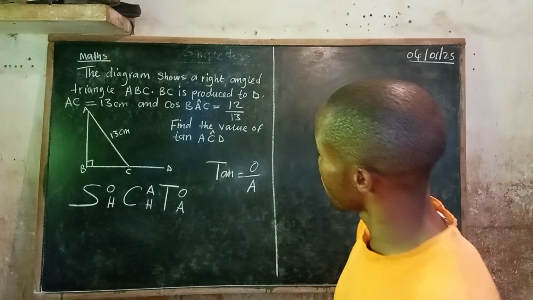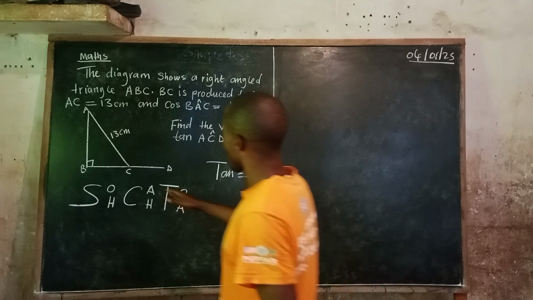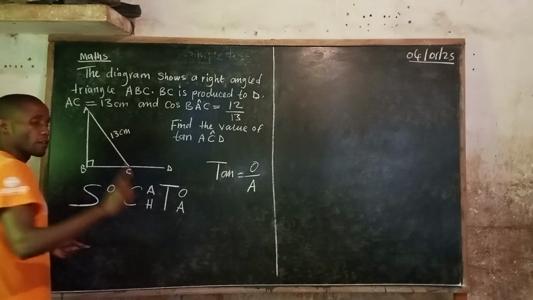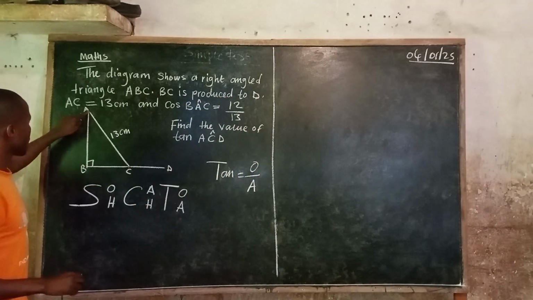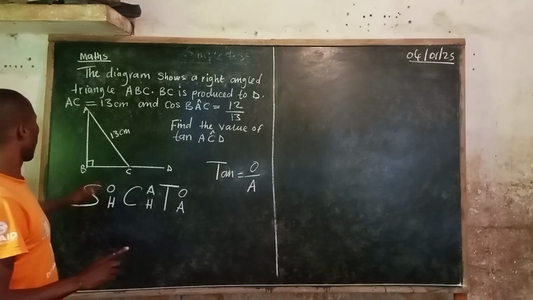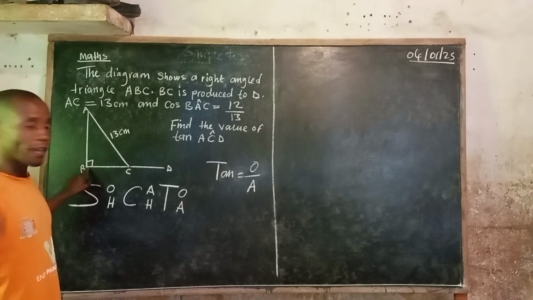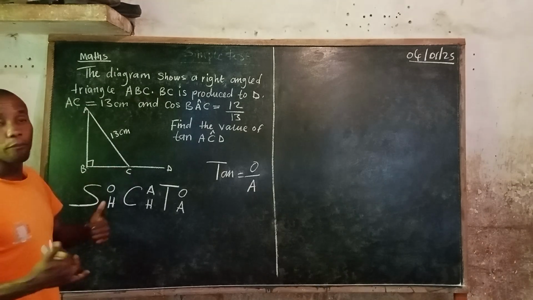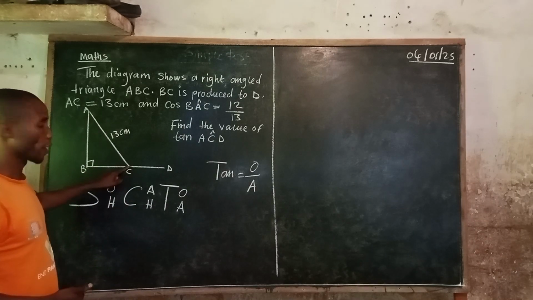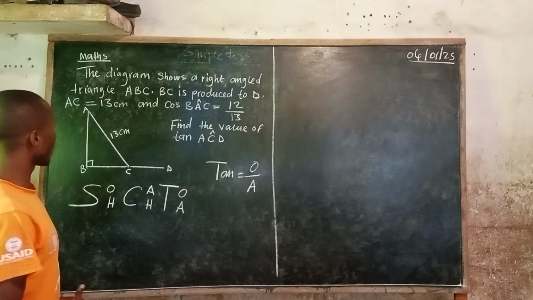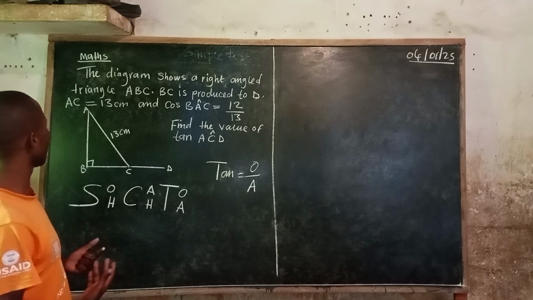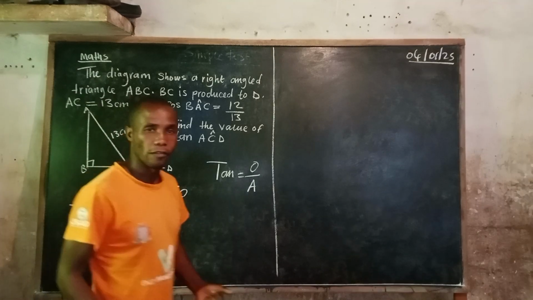This is very important. So this is the hypotenuse. Always remember that the side which is opposite the right angle is called the hypotenuse. In this case, the hypotenuse we are given is 13.